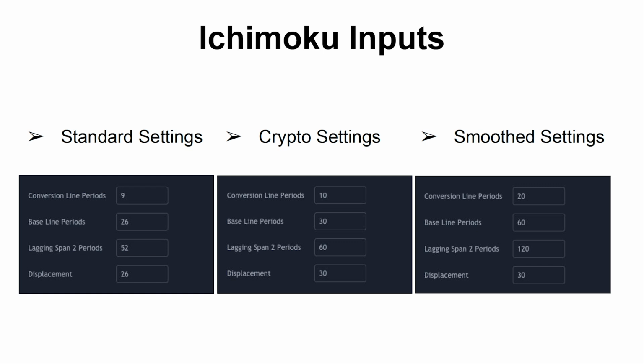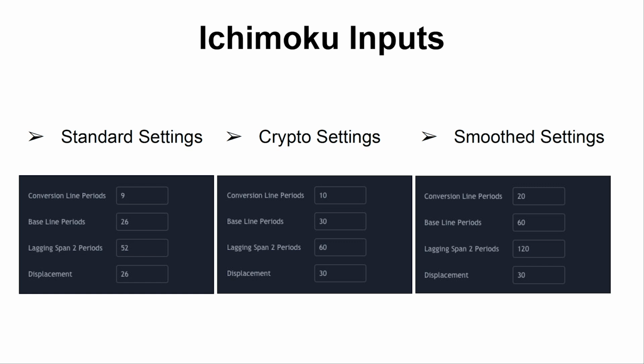I personally prefer to use the smooth settings, as it forces me to be selective with my capital and only trade high probability setups. This is something I have found from my journal reviews. My highest hit rate on a lot of my Ichimoku based trades are most often found using the smooth settings. However, I want to note the following.